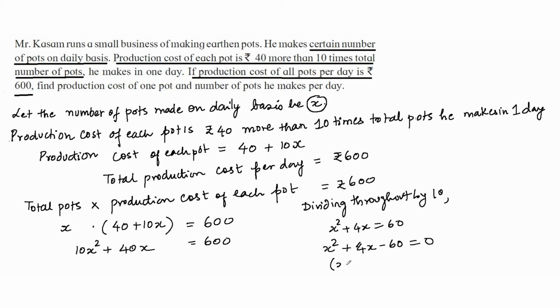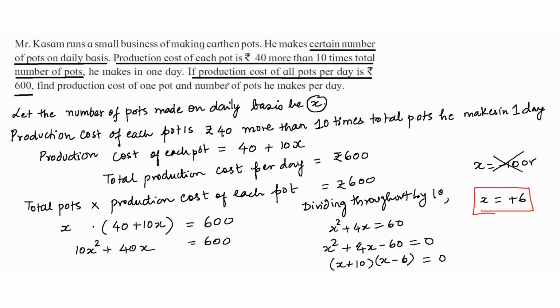Solving this quadratic equation, x plus 10 into x minus 6 is equal to 0, which means x is either negative 10 or x is positive 6. Now x cannot be negative 10 because the pots made cannot be negative. Therefore, the number of pots made per day is 6, right?